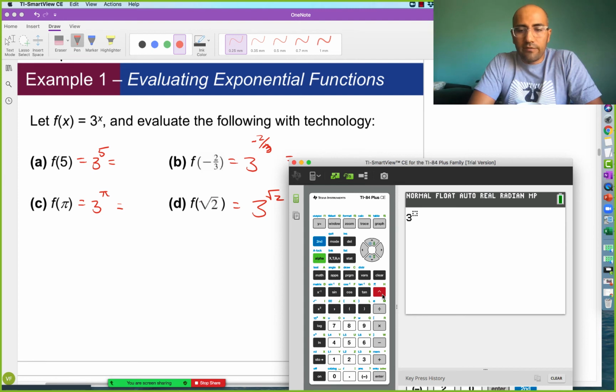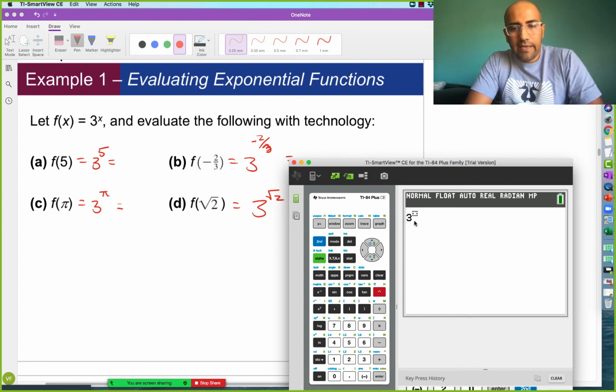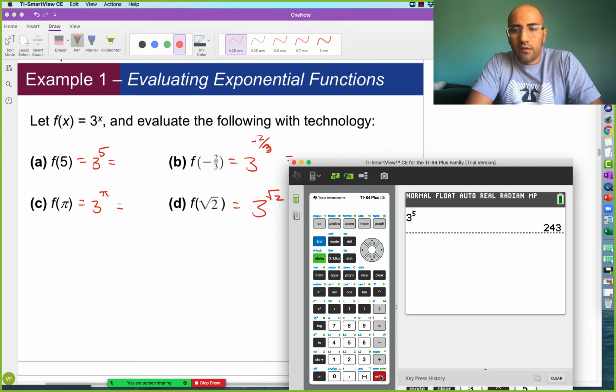Now in my calculator, it goes up to the exponent and has a little box, and then I can type in the 5 up there. So it's sort of the newer user interface. But a lot of the older calculators are going to have this little caret symbol that appears there. So if yours works that way, just know that when you see that little caret symbol, it means that you're raising it to that power.